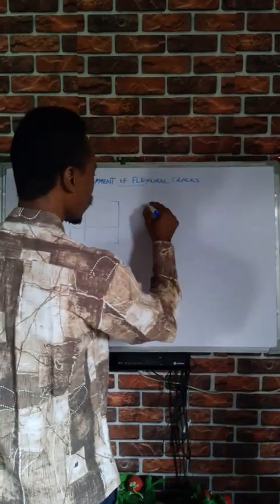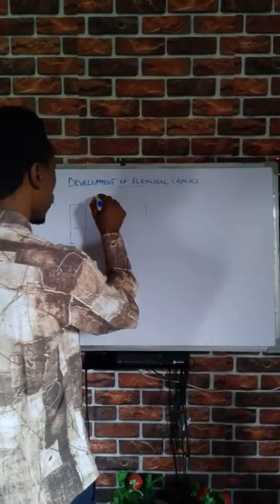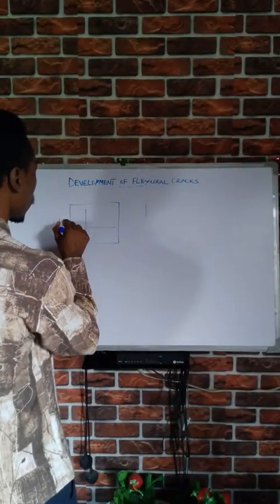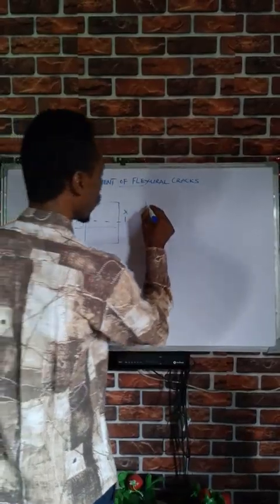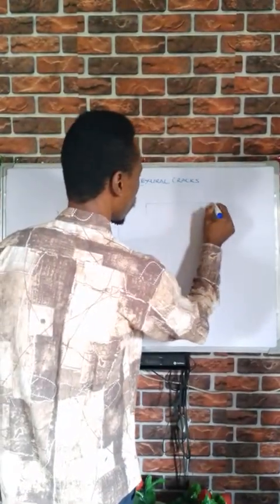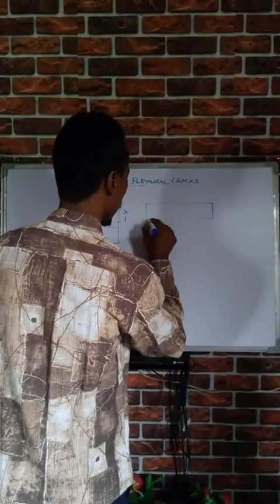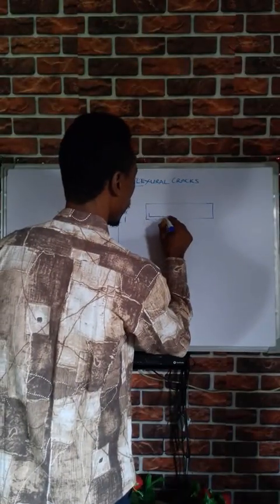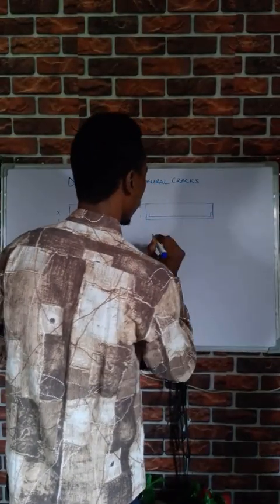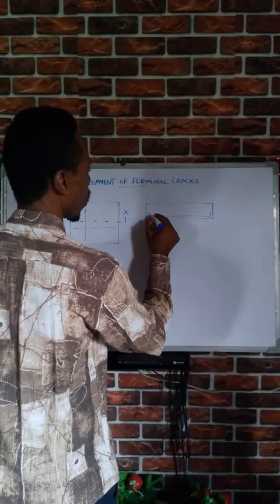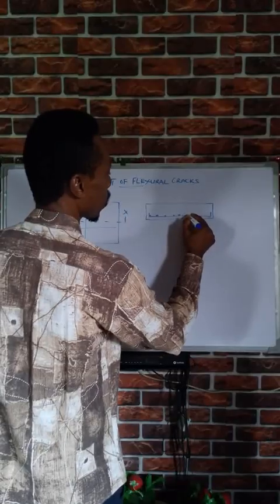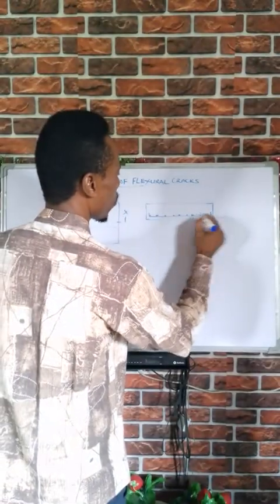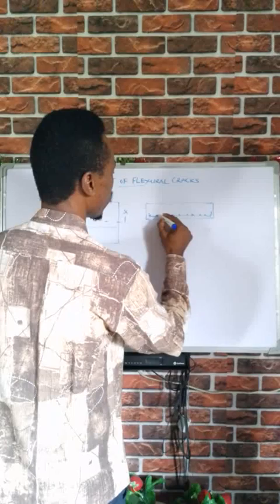When we cut this section, section XX, we are supposed to have something like this. Our distribution bars run in this manner.